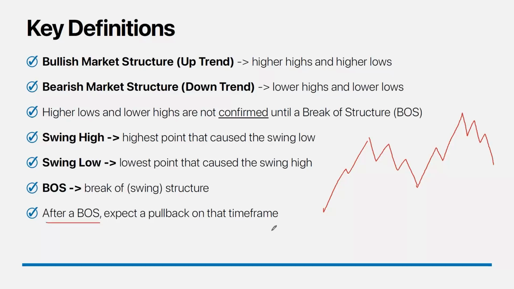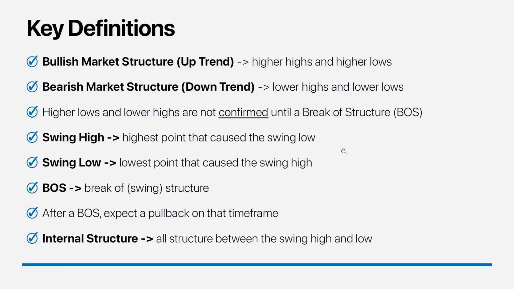So the expectation in order flow is that every time the market breaks a significant high or low, which is essentially our swing high and low, when we get a BOS, we'll often expect the market to experience some kind of pullback. That's what we call expectation. It may not necessarily happen immediately, but we often expect it to come, so you need to have that kind of mental prep.